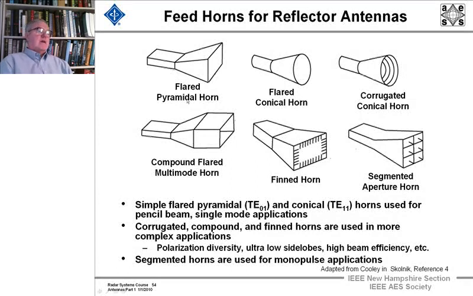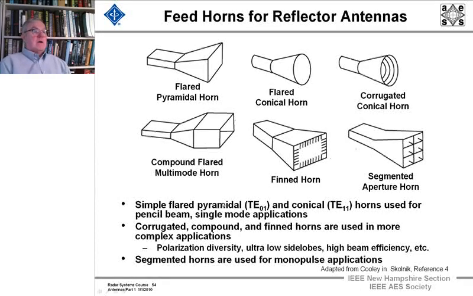We have flared pyramidal horns, flared conical horns, corrugated horns, segmented aperture horns, finned horns, compound flared multi-mode horns. I'm not going to give you a rundown of what and why you use each and every one of those. But if you go to Skolnick in reference 4, I bet that's the handbook, you'll see a paragraph or two on each one of them.